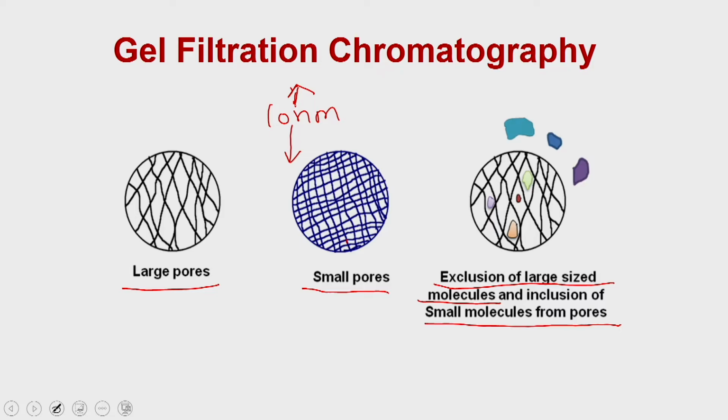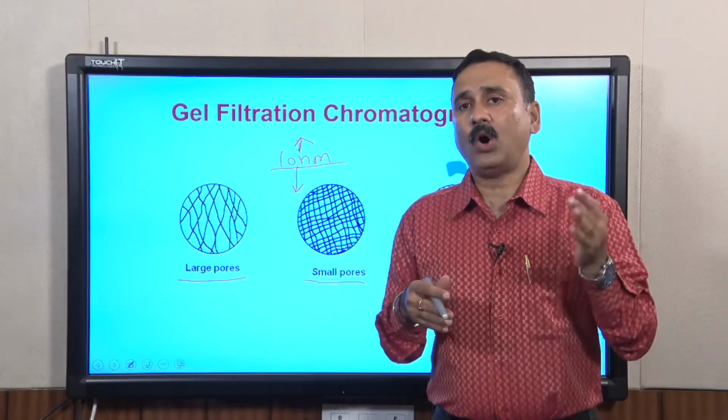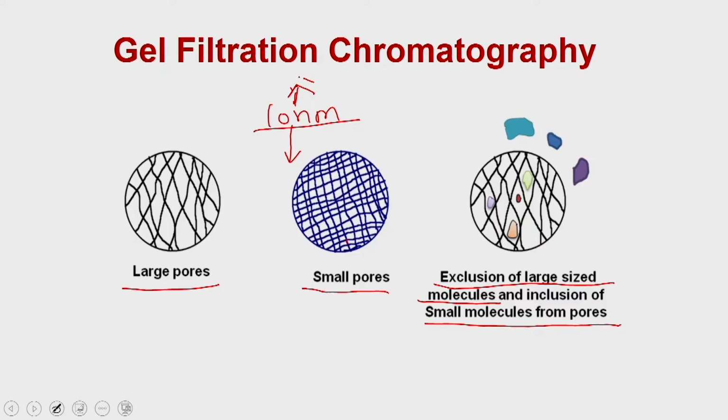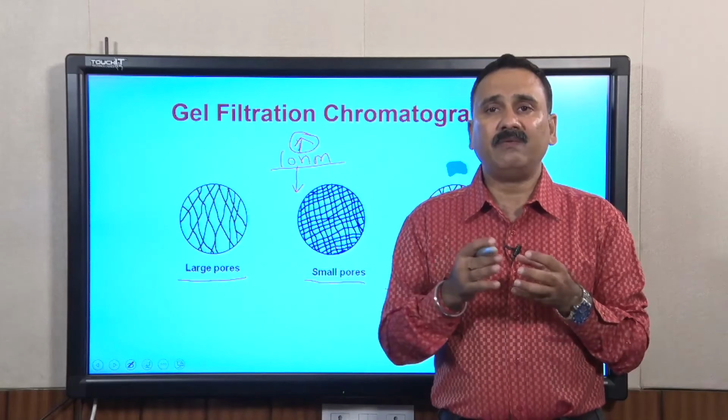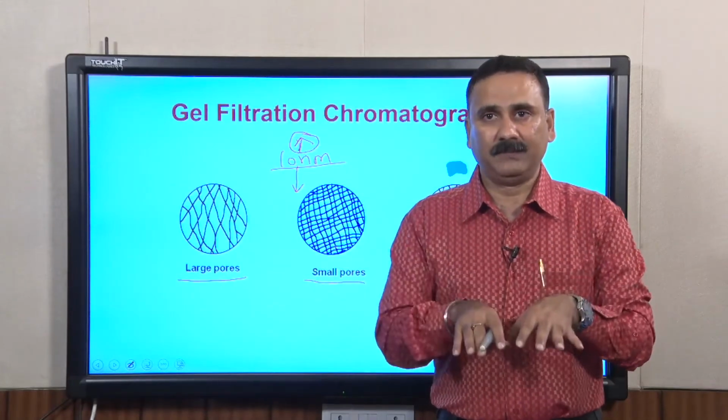Whereas in this case, if you have a bead of 10 nanometer, you are going to exclude or reject all the molecules which are larger than 10 nanometer, whereas you are going to retain all the molecules of smaller size. That is why gel filtration chromatography follows the reverse principle of sieving.